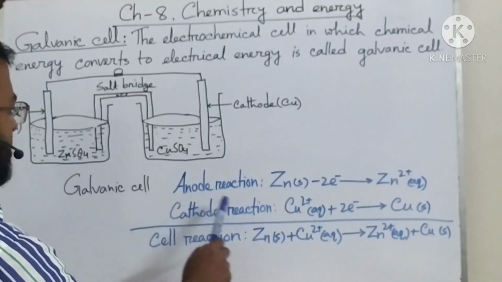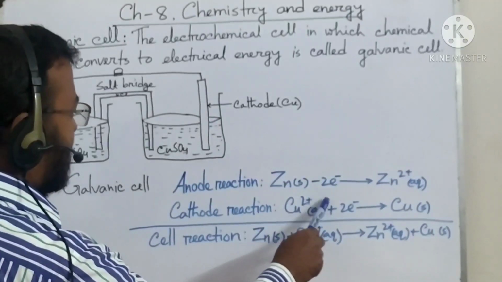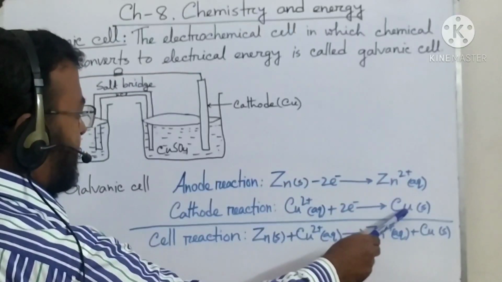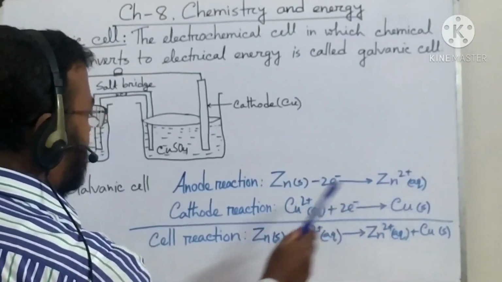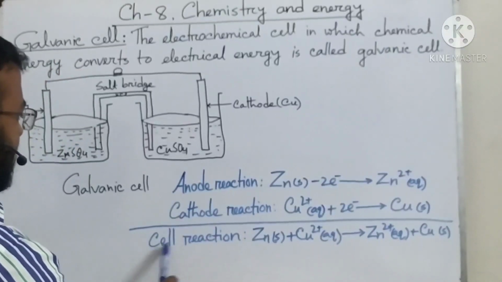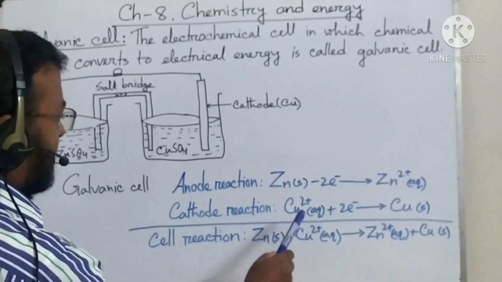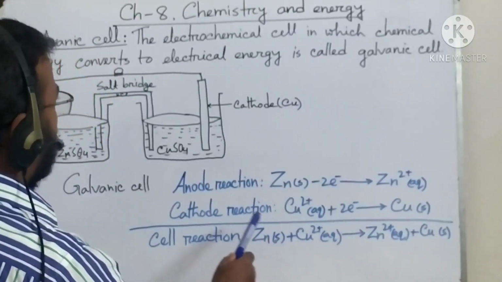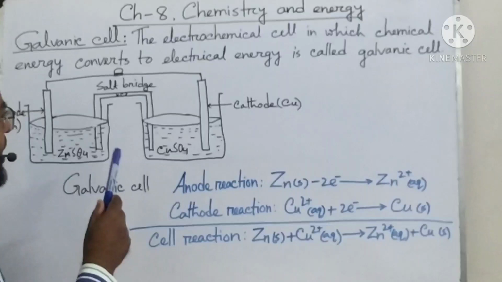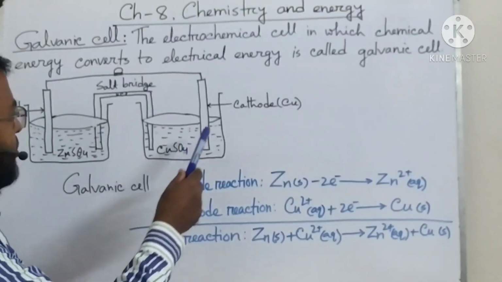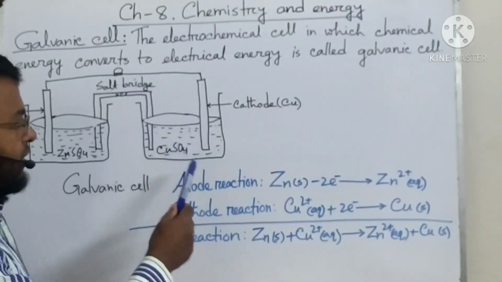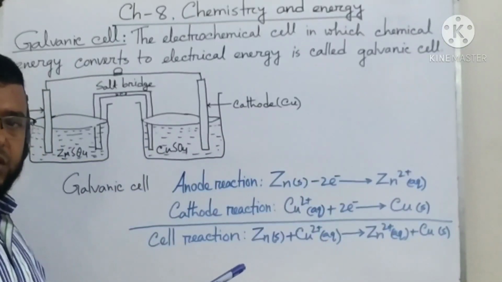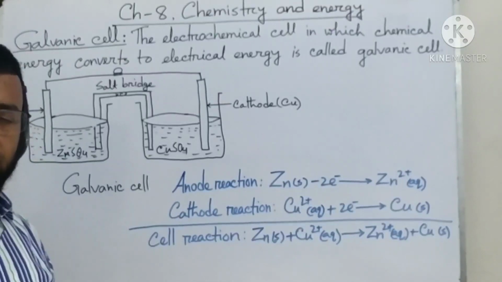And in the cathode, it is a reduction reaction, copper 2 plus accepts 2 electrons to form copper. So the cell reaction will be zinc plus copper ion, then zinc ion plus copper. So I have discussed the galvanic cell. At first I told the structure, then the mechanism, then I gave the reaction. Okay, all of you write it in your class copy.